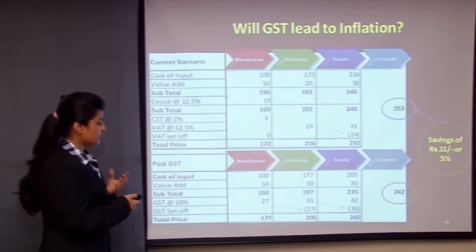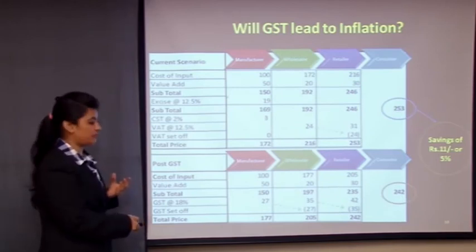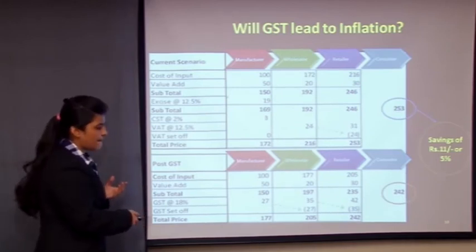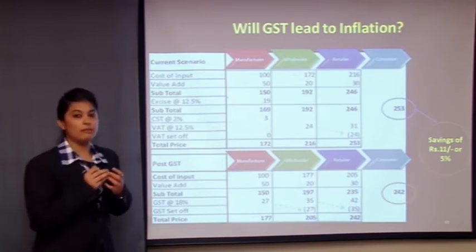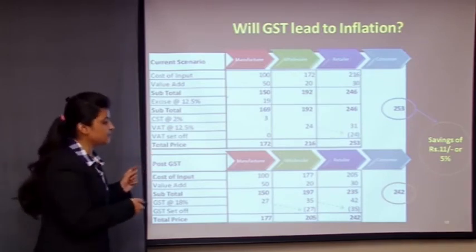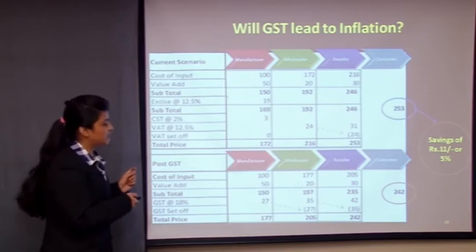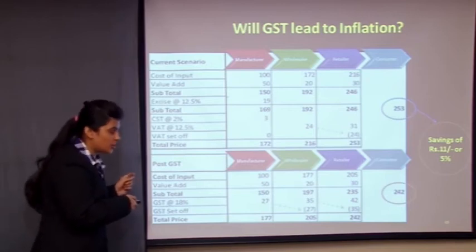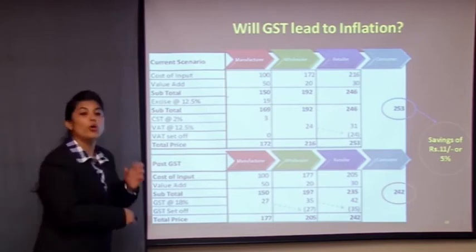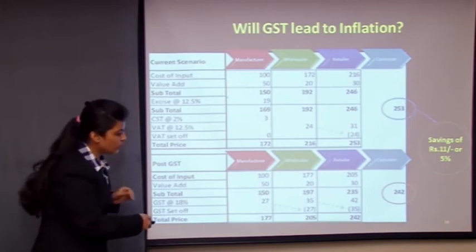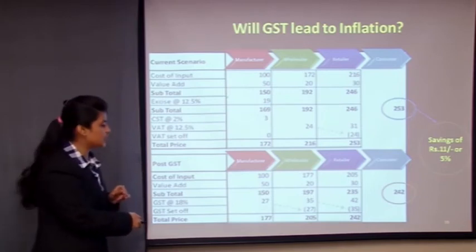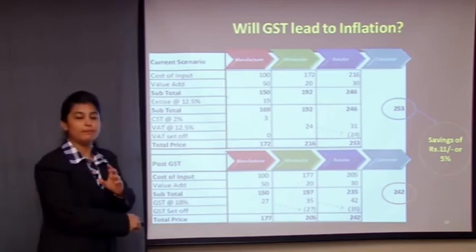So now when this 27 is being set off, the remaining amount, 35 minus 27, is the amount which the wholesaler is paying. The value which he has added on the actual cost of the product is only being taxed.